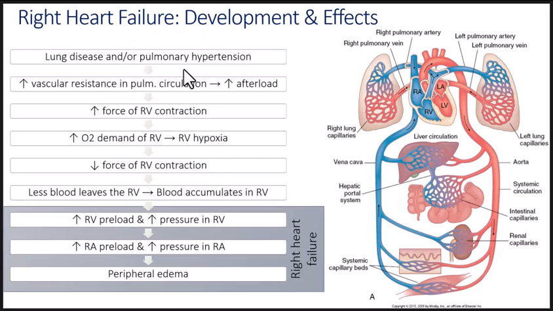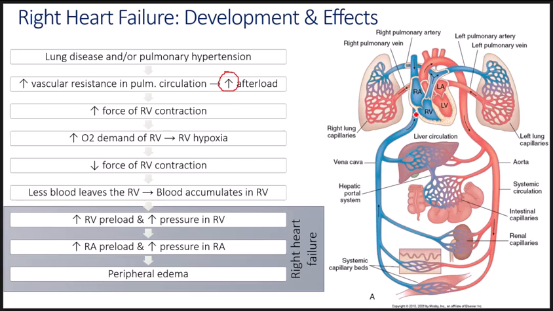In any case, as I've already described to you, there's going to be an increase in vascular resistance within the pulmonary circulation, meaning that because of the, let's say, lung disease here, because of the high blood pressure within here, there's an increase in resistance to push blood through here because there's a roadblock. There's a narrowing of the vessel. This is an increase in afterload. The resistance that right ventricle must overcome in order to push blood to where it needs to go, in this case, the pulmonary circulation.